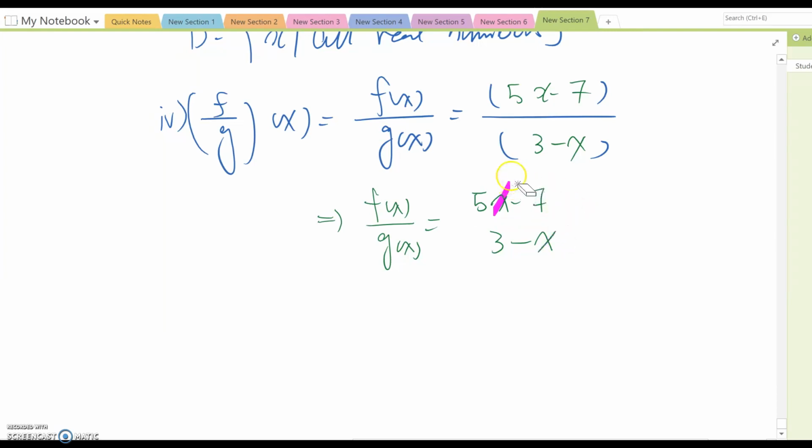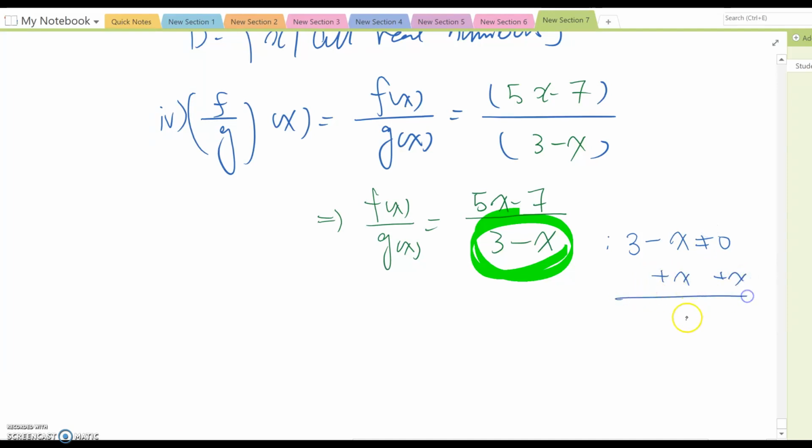The remaining fraction is still (5x minus 7) over (3 minus x). But here we have one limitation, because 3 minus x cannot be 0. So you need to find the restricted value. Set up 3 minus x cannot be 0, and then if you move x to both sides, you find x cannot be 3.